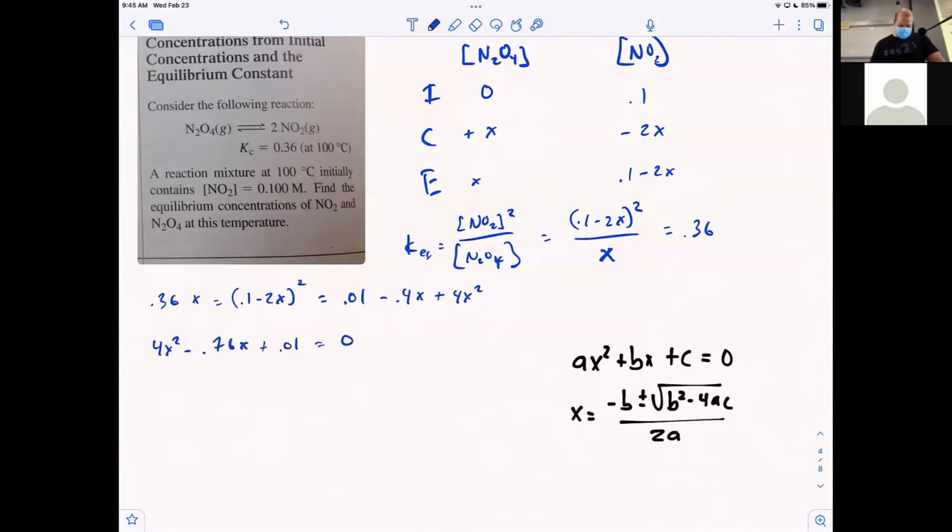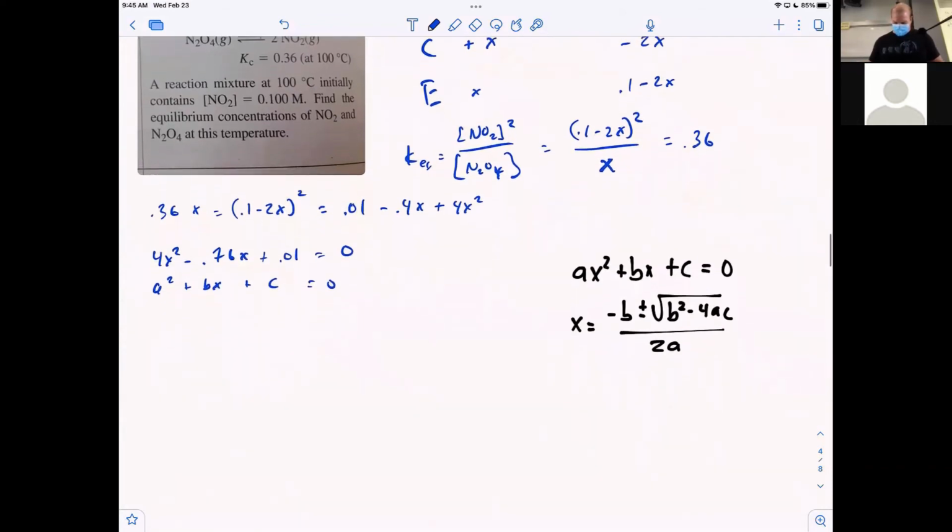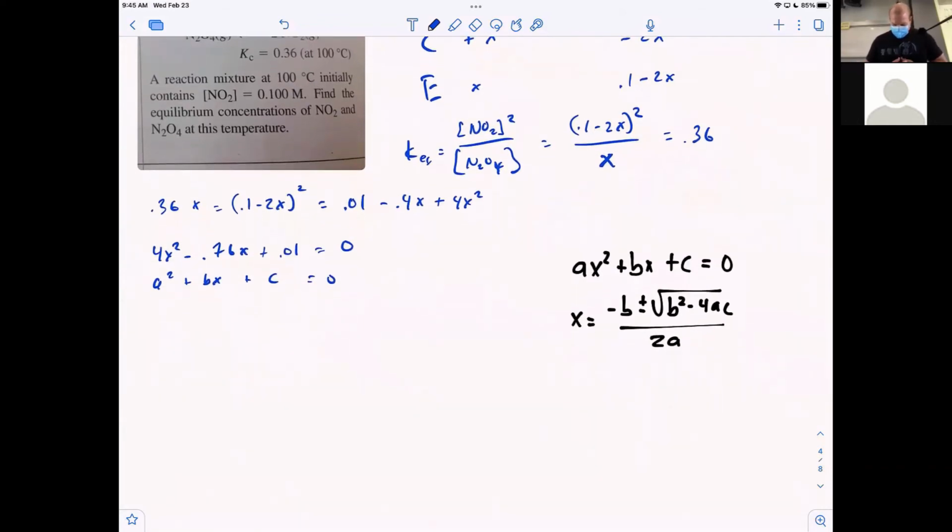So of course, this is the ax squared plus bx plus c equals 0 form from algebra. Let me make sure I'm getting my math right. I'm looking in the book to make sure I'm doing the setup correctly. Okay, good. Now you can apply the quadratic equation.